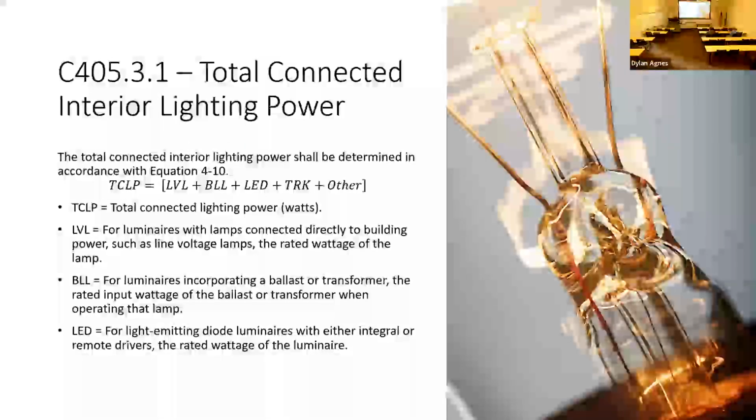So interior lighting power is calculated using equation 4-10, which is the following. TCLP is equal to LVL plus BLL plus LED plus TRK plus other. So what do those mean? Total connected lighting power is equal to line voltage lamps, the rated wattage of the lamp.